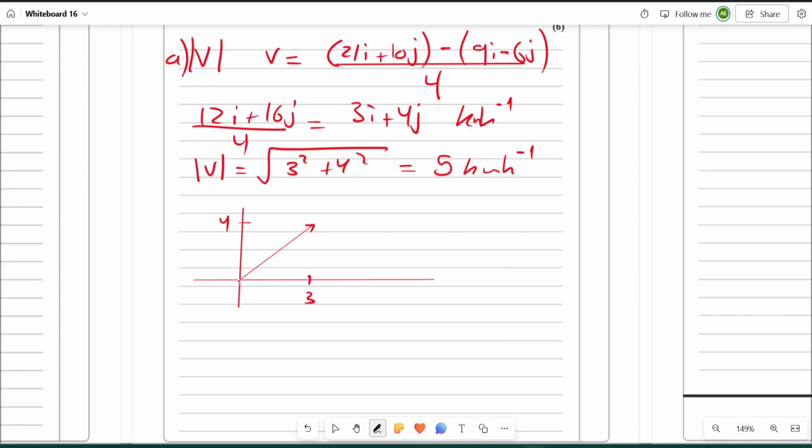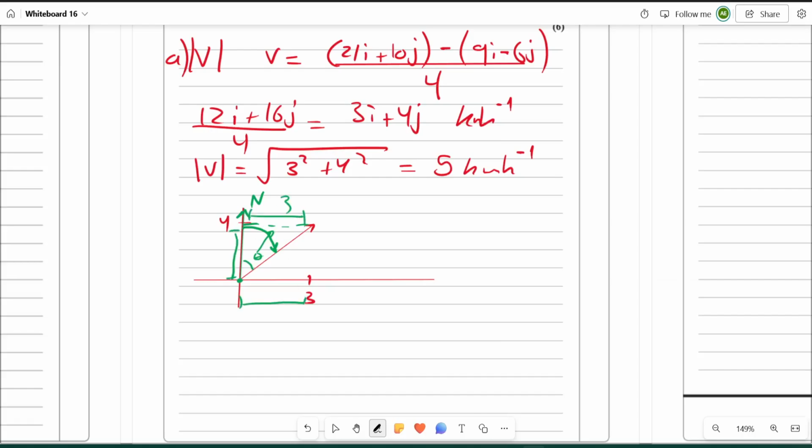Bearing is also an important thing to know. I draw a north line from my initial position, and then I move clockwise until I hit my vector. So basically the bearing is going to be this angle, and I know that the opposite of this angle is going to be this length, which is 3.